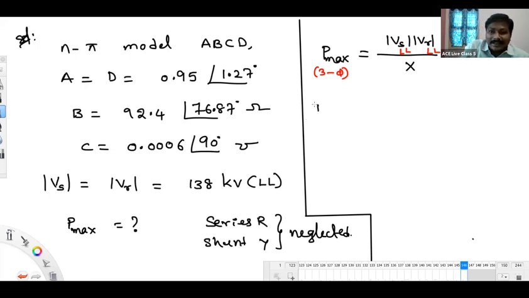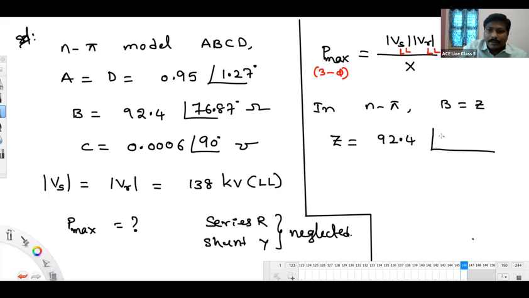Okay, so I'll write in nominal pi, B is equal to Z. Therefore, the Z value will be 92.4 at an angle of 76.87 degree.